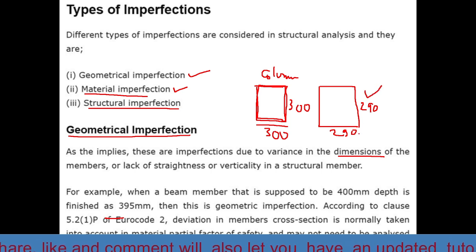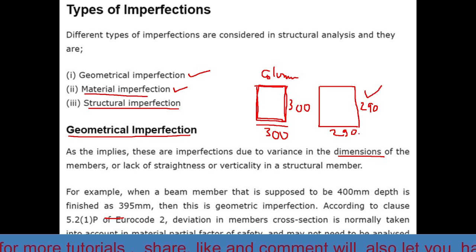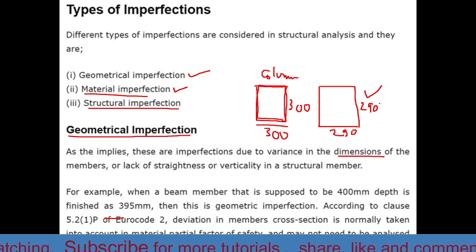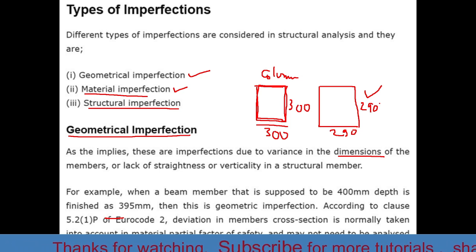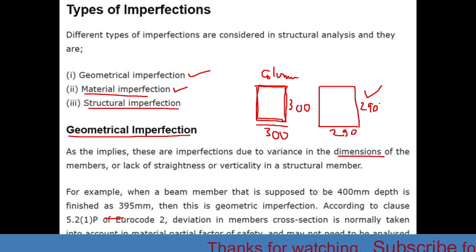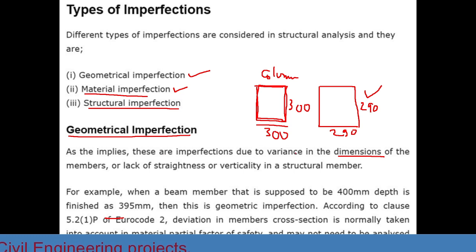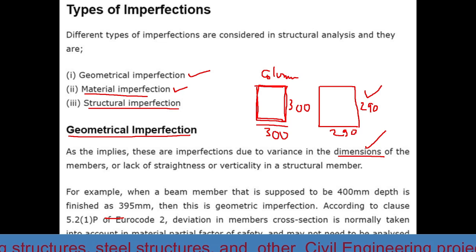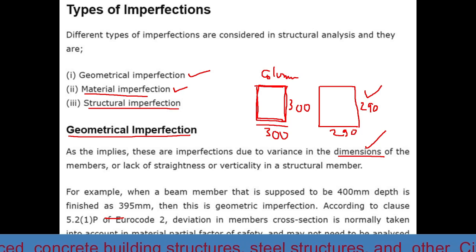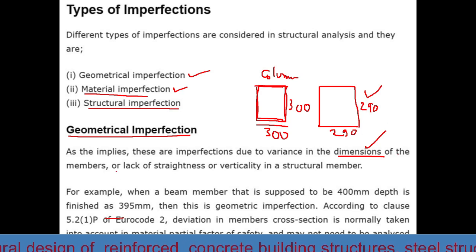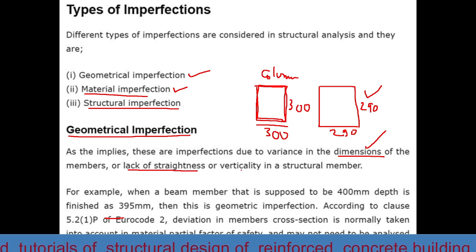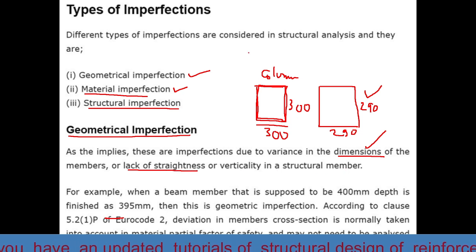So this kind of geometrical imperfection can be accommodated during the design of the structure. So, as this implies, these are imperfections due to variance in dimensions. Means the cross sections may be reduced during the construction, or lack of straightness or verticality in a structural member.